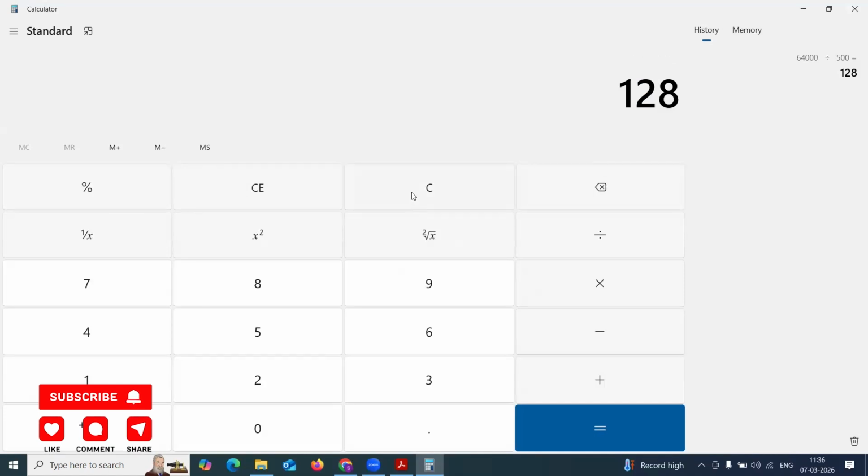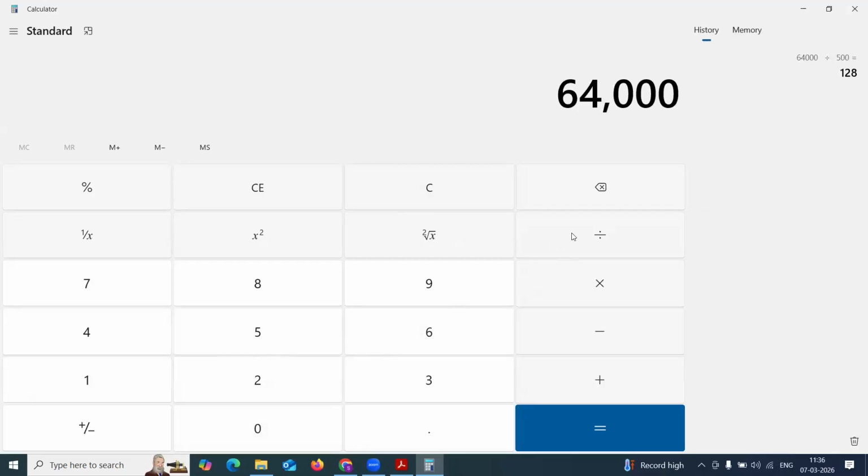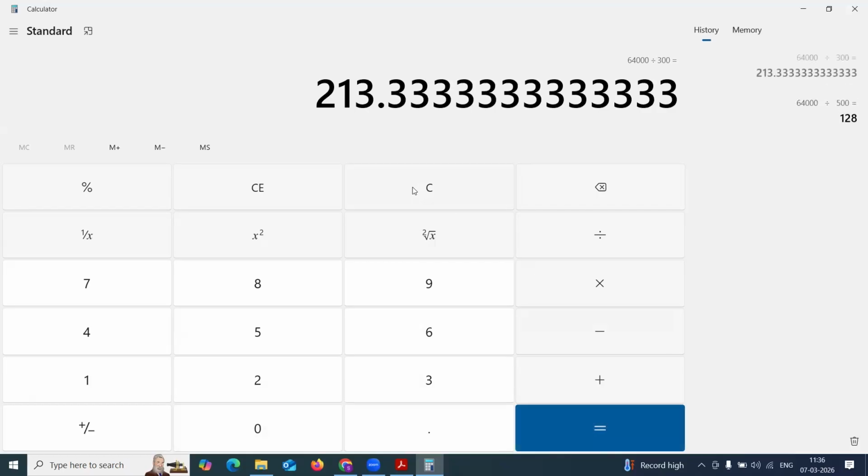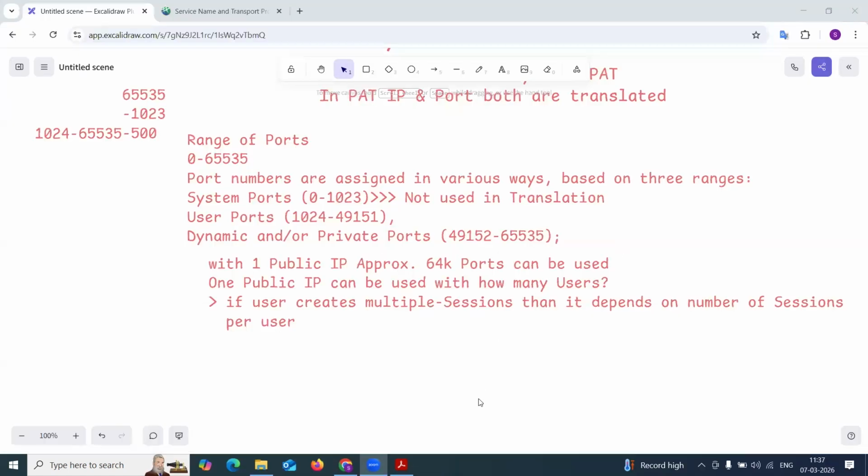So what I would say, let's say 64K port numbers divided by 300 users is equal to around 213 sessions per user. That is good enough. That is where we have a good buffer of port numbers also. So you can say one public IP, we can use it for 300, 400 users.